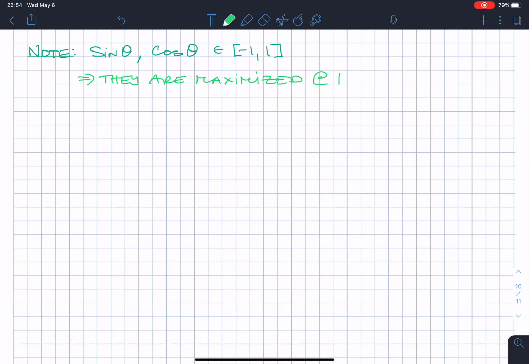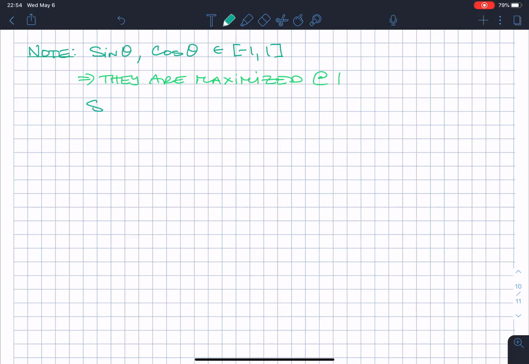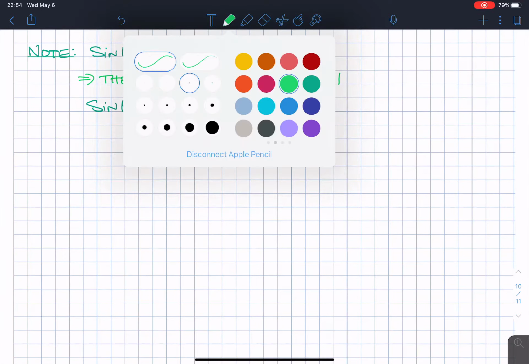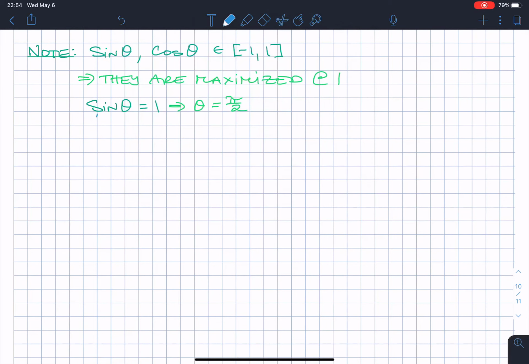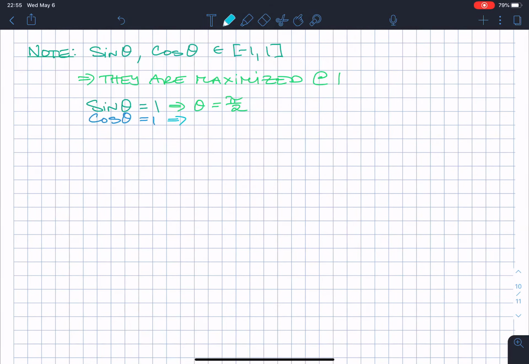If I have sine of theta equal to 1, that implies that the angle theta must be pi over 2. If I have cosine of theta equal to 1, that implies that the angle theta must be equal to 0 radians.